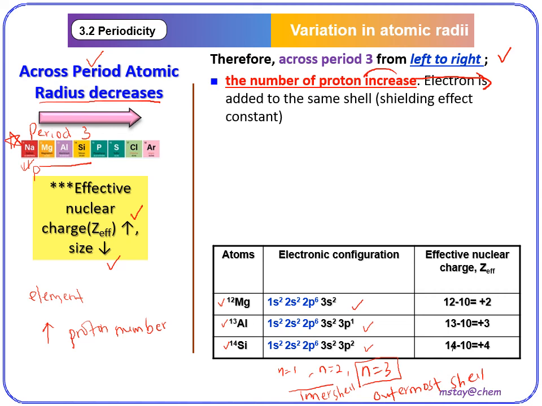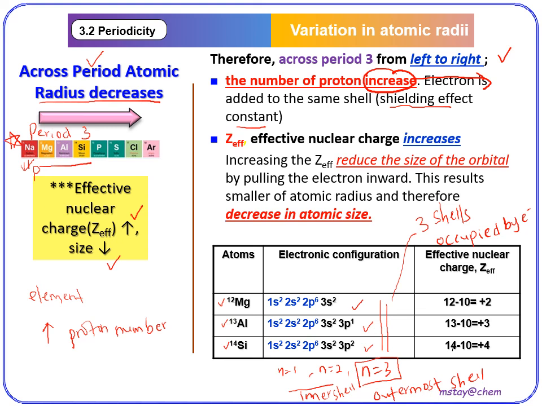The proton number increases. Because the electron is added to the same shell, the shielding effect is constant. We will continue with shielding effect in the next slide. Just keep in mind that the number of shells occupied by electrons remains 3, so we consider the shielding effect constant.